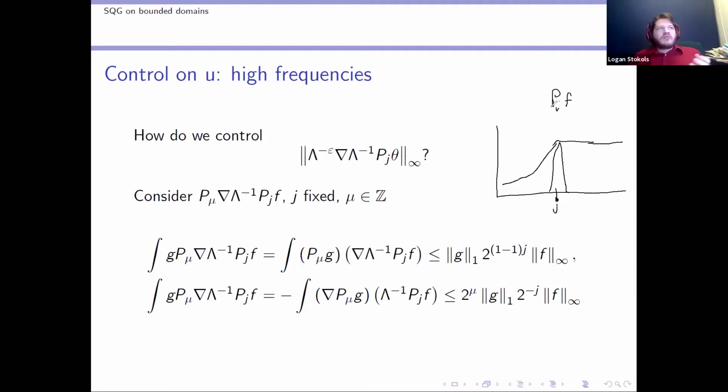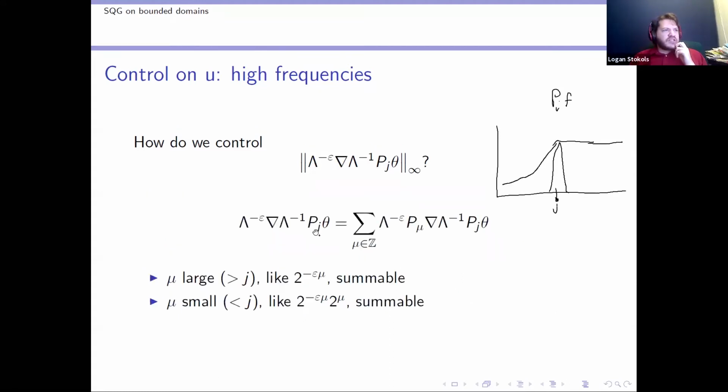And so with this fact, it's a very weak result, but it's what you can get, and that is enough to tell us that this expression, lambda to the minus epsilon times the gradient of lambda to the minus 1, will be summable. In particular, when you take the large parts, that's summable because you have this lambda to the minus epsilon, so you expect the large frequency parts to be summable.